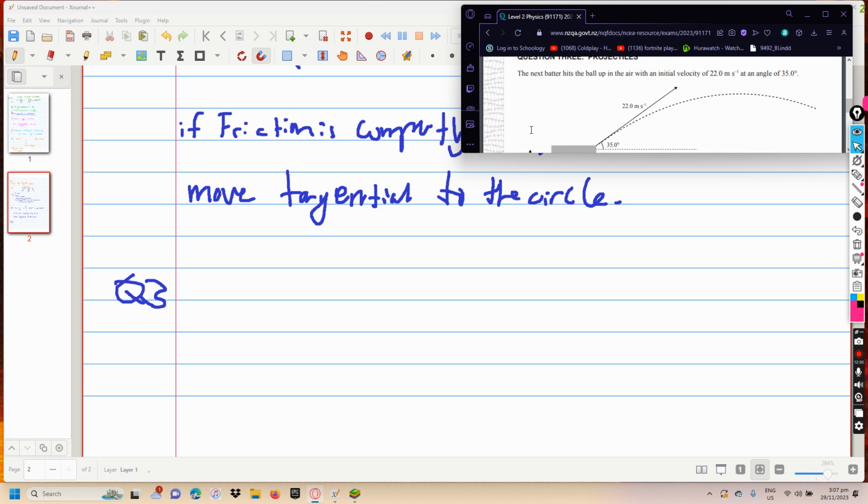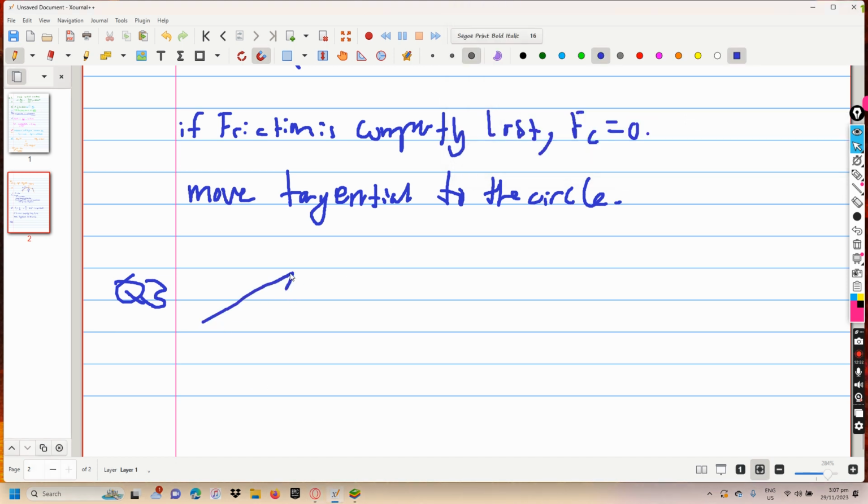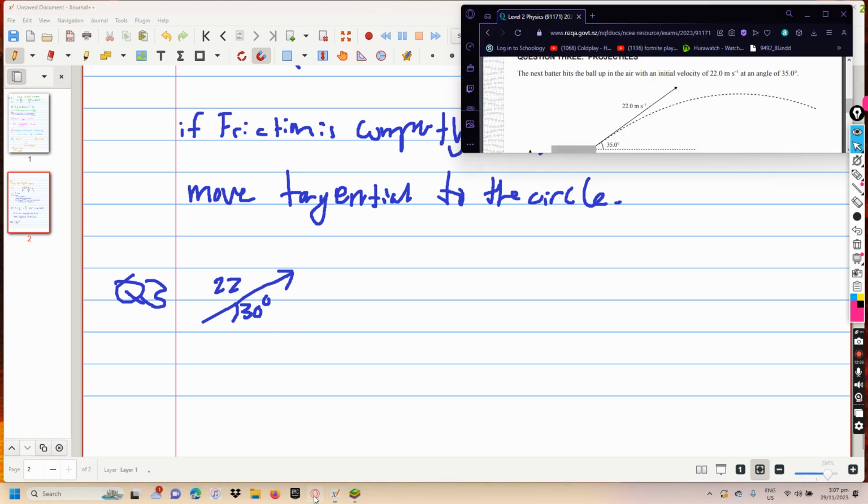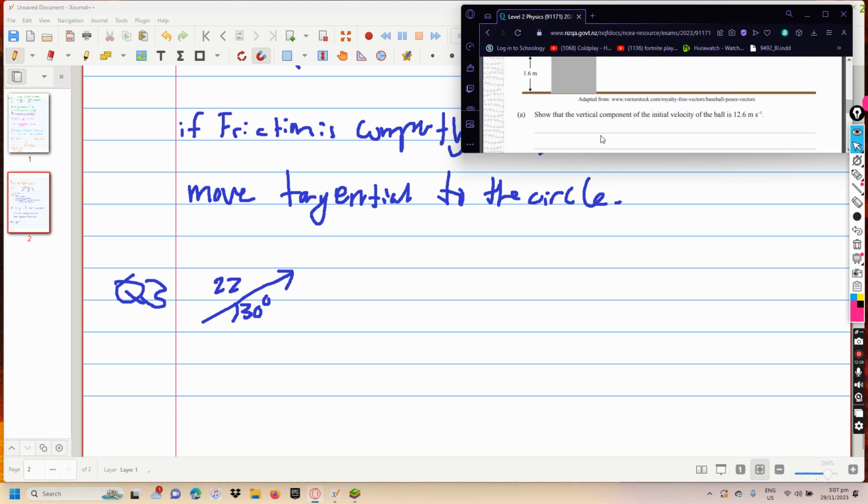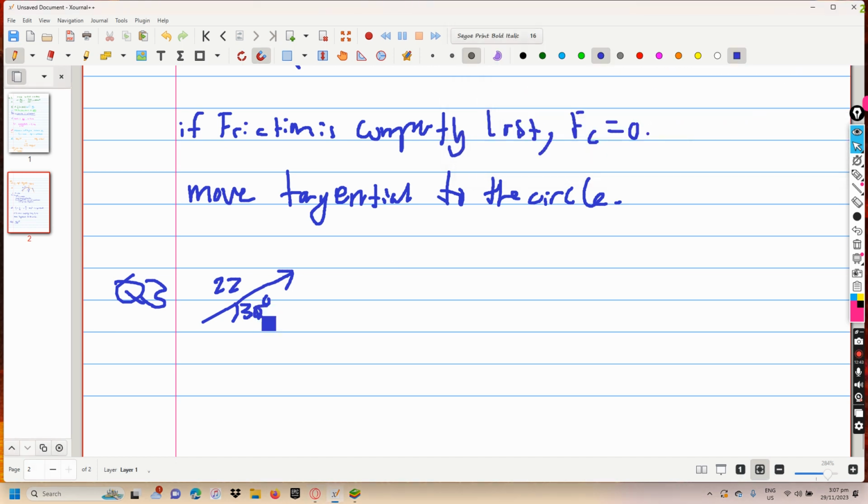Question 3, projectiles. We've got 22, that's 30 degrees. Show the vertical component of the initial velocity of the ball. This is 35, whoops.